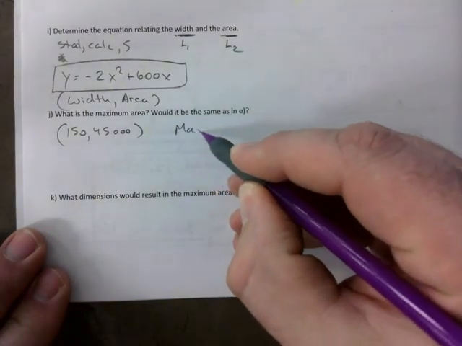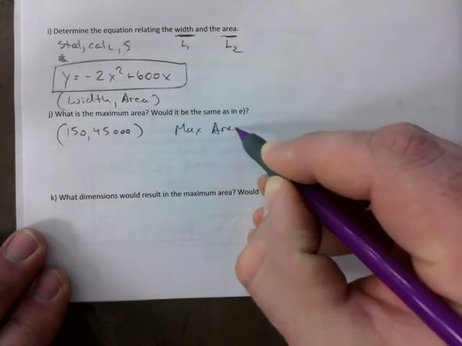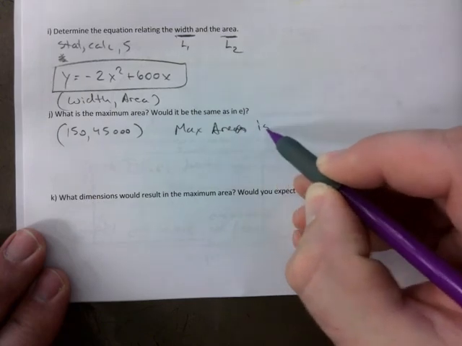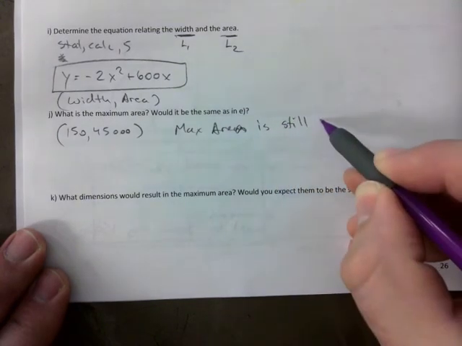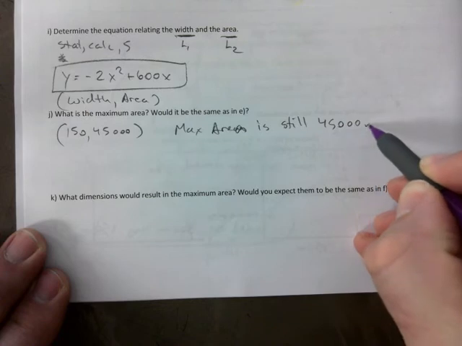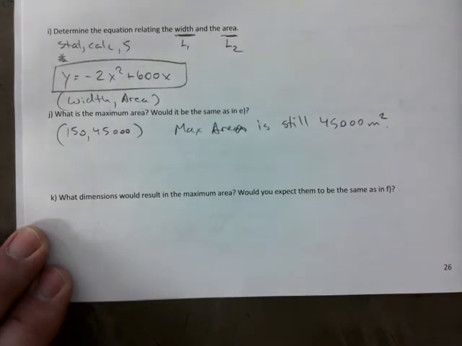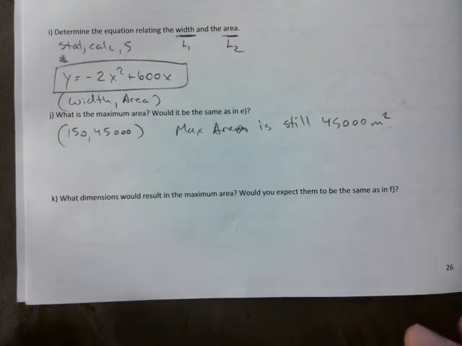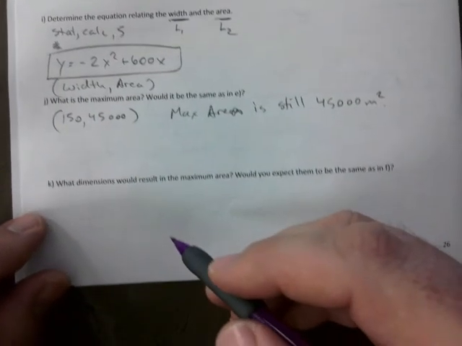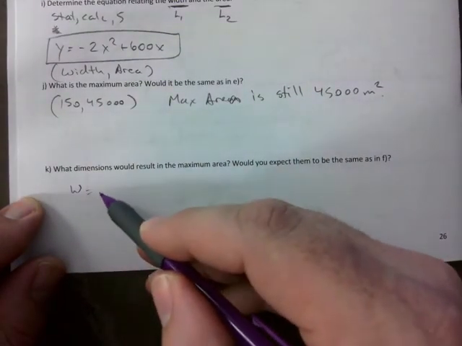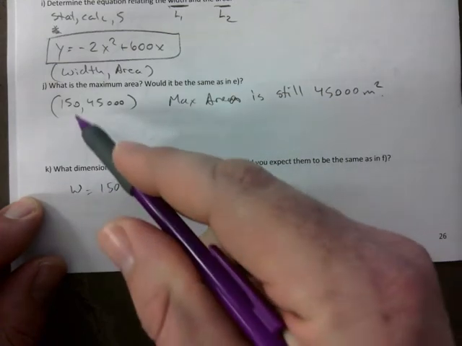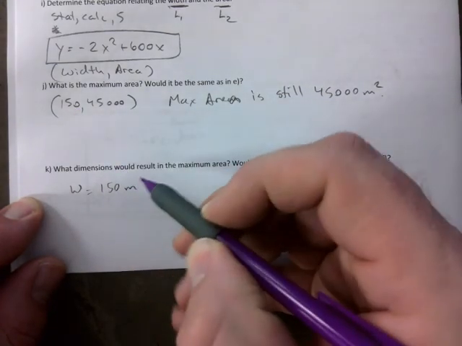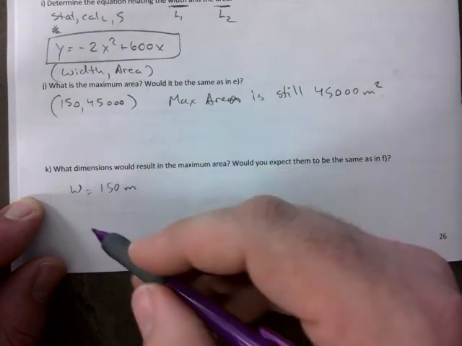Max area is still 45,000 square meters. What dimensions would result if width is 150 as per this vertex right here?